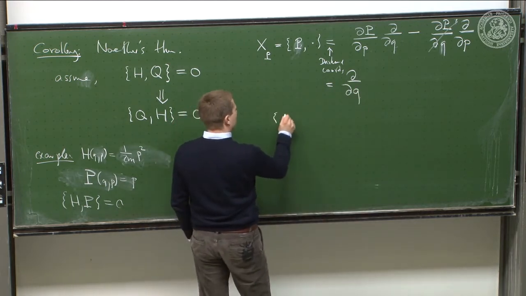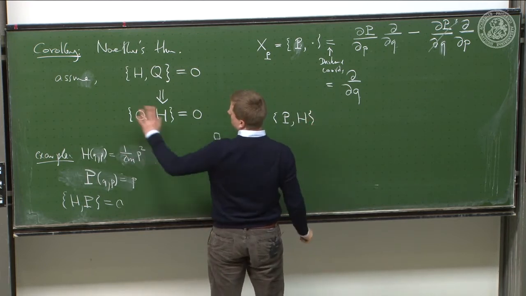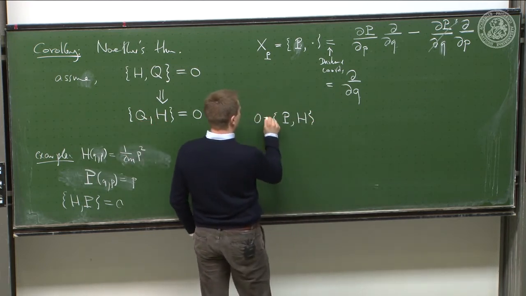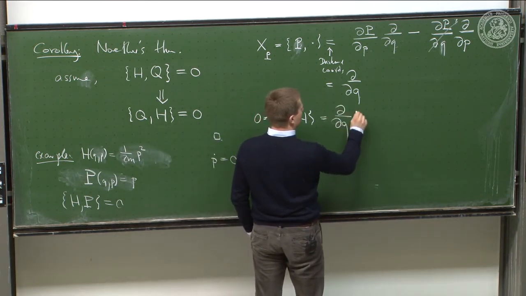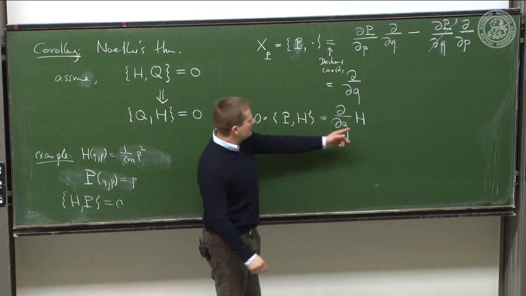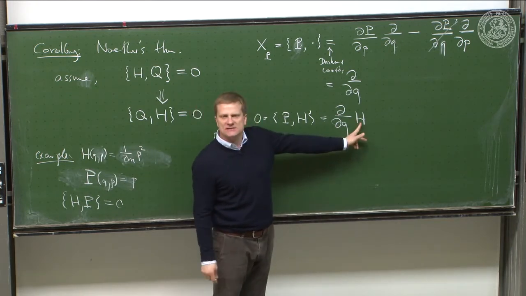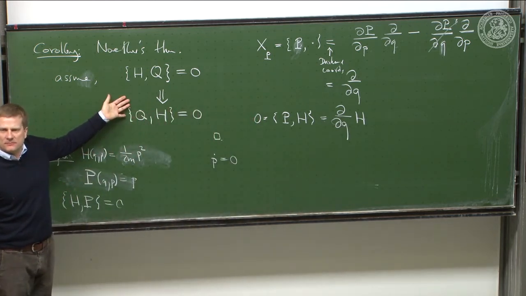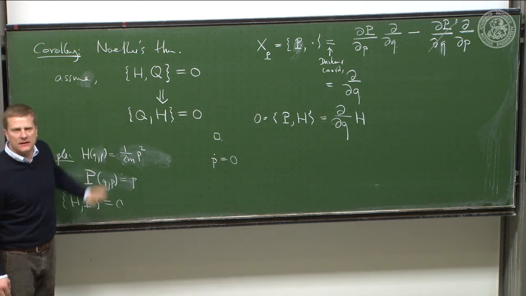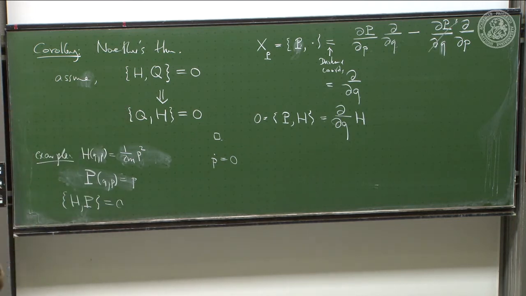Aha, so capital P acting on H, being down here, being 0, as is obvious, that means nothing else but dH/dq is 0. But if dH/dq is 0, that means H doesn't depend on the position. In other words, it's translation invariant. Okay? But it's exactly this. So this is the Noether theorem. There is nothing else to it. In Poisson bracket notation, the Noether theorem is equivalent to the antisymmetry of the Poisson bracket.